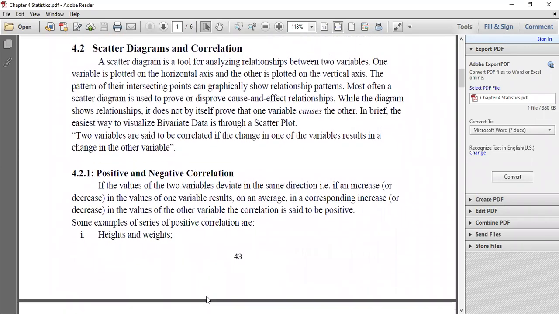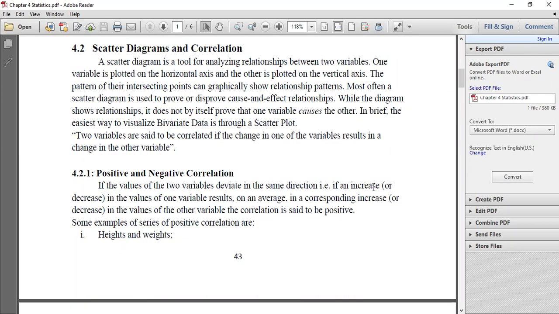Now, we talk of two aspects of correlation. If two variables deviate in the same direction, that is, if an increase or decrease in the values of one variable results on average in a corresponding increase or decrease in the values of the other variable, the correlation is said to be positive.